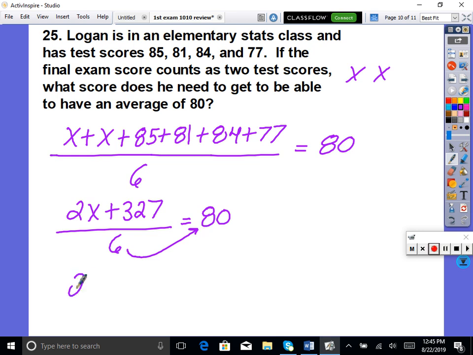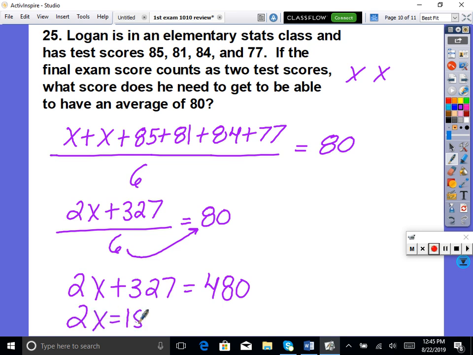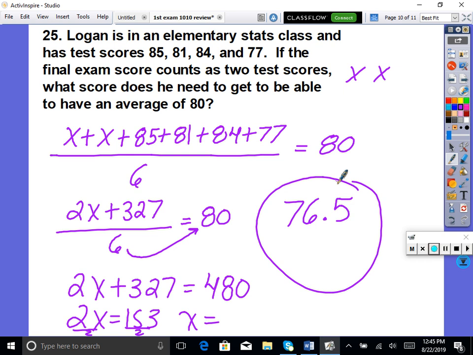So we now have 2x plus 327 equals 480. Solve for x. 480 minus 327. 2x equals 153. Divide by 2. So x is equal to 76.5. They have to get a 76.5 score on the final exam to end up with that average grade of 80.